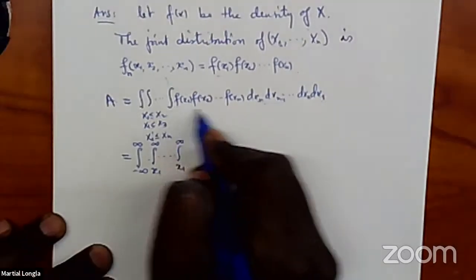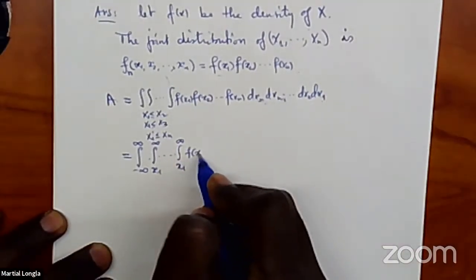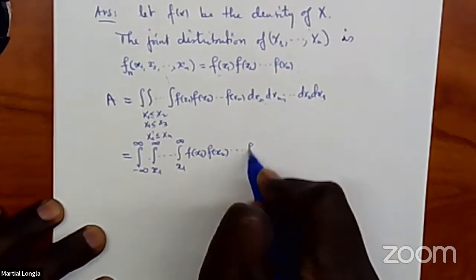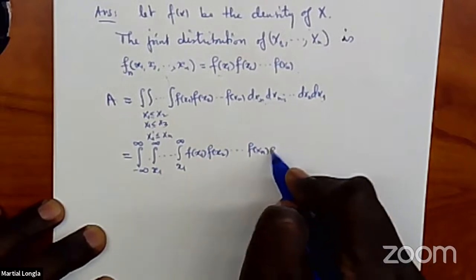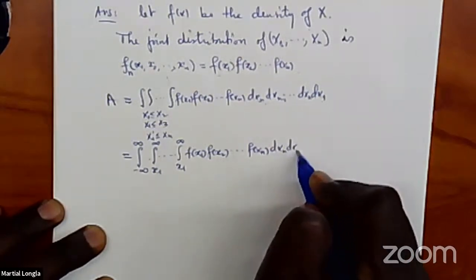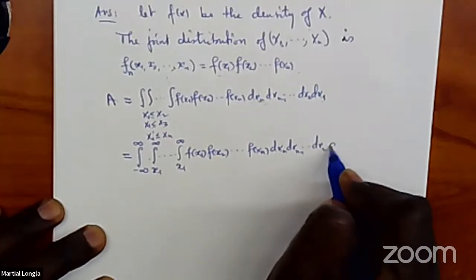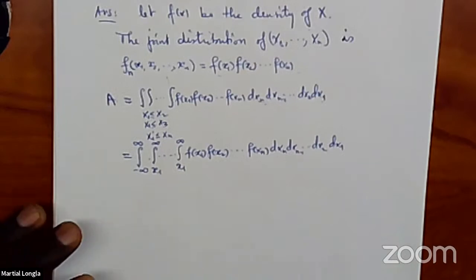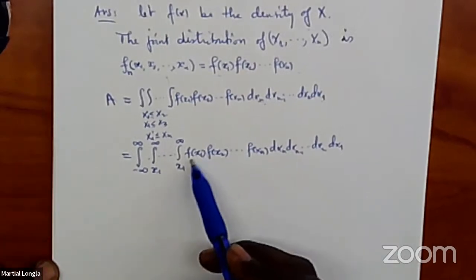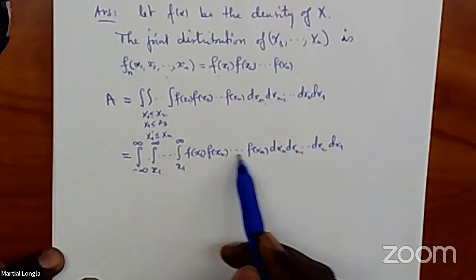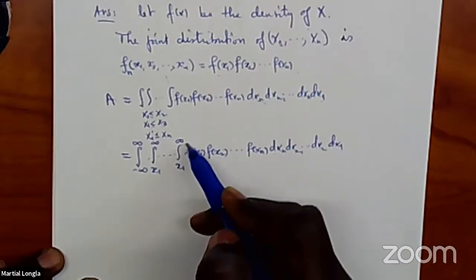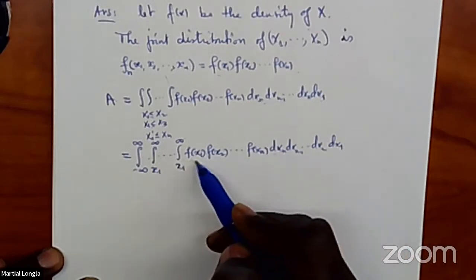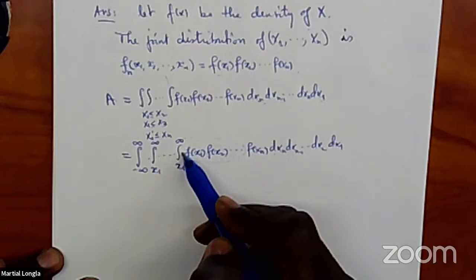And then you're integrating that function, f of x1, f of x2, the same f, f of xn, dxn, dxn minus 1, dx2, dx1. But guess what? When I want to integrate dxn, everything that is here has no xn, right?